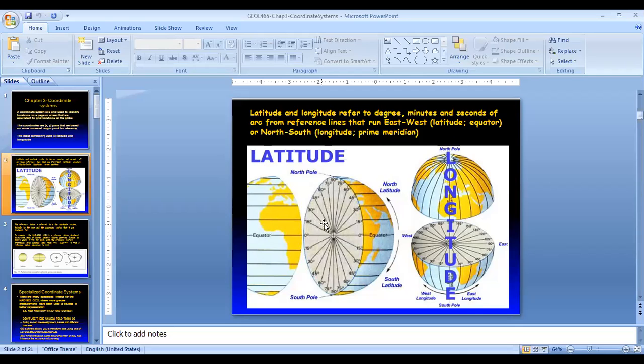The assumption here is the equator is at 0 degrees. 0 degrees to 15, 30, 45, 60, 75, 90, 15 degrees apart, and this is the 90 degrees. Upward is the north pole, minus 90 degrees is the south pole.